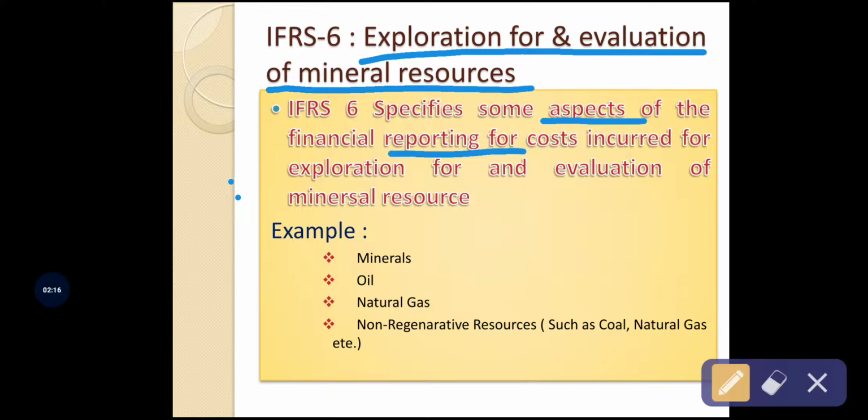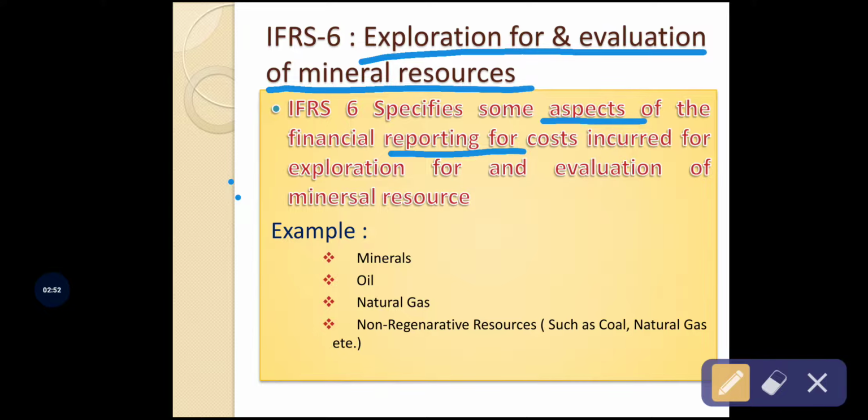In financial reporting, it deals with the cost incurred by the company in carrying out its business, in connection with the exploration and evaluation of mineral resources.